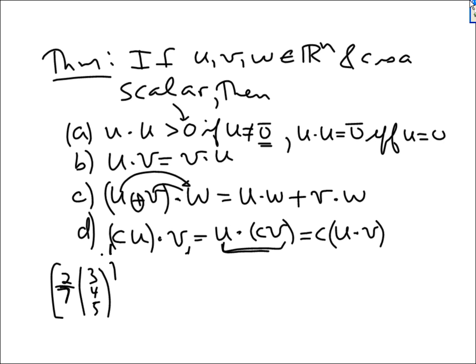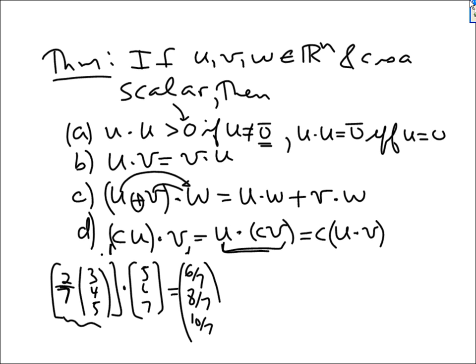So that's C times U, and you want to dot it with 5, 6, 7. Now, if you did this first, you're going to have 6 over 7, 8 over 7, 10 over 7. And now you have to dot this with 5, 6, and 7. It's just very awkward.